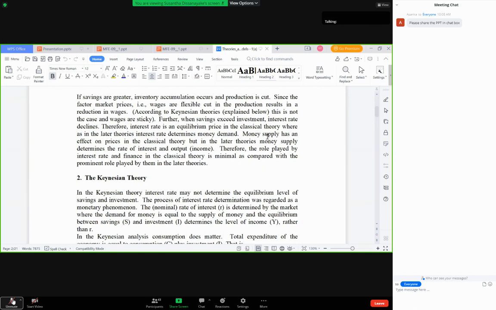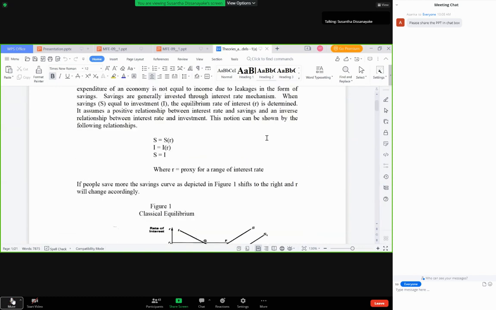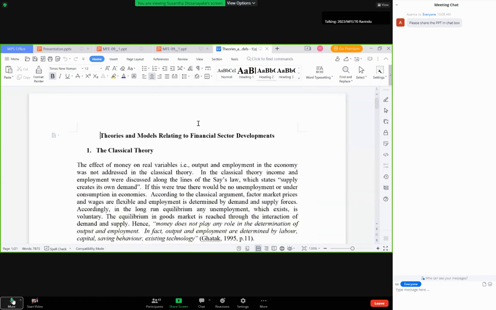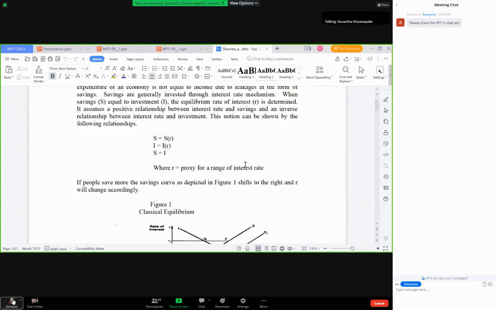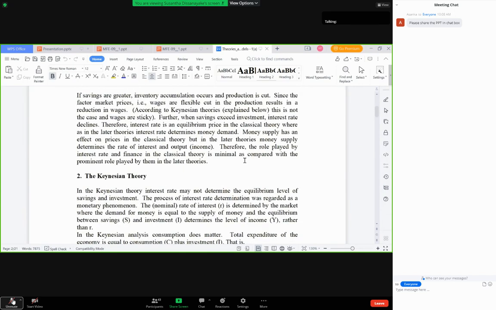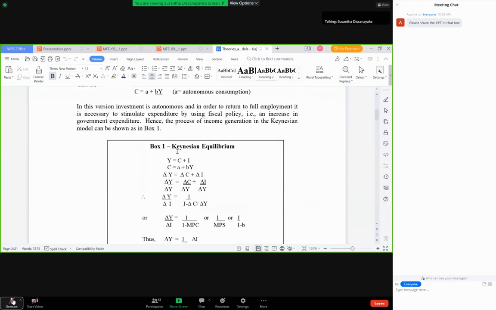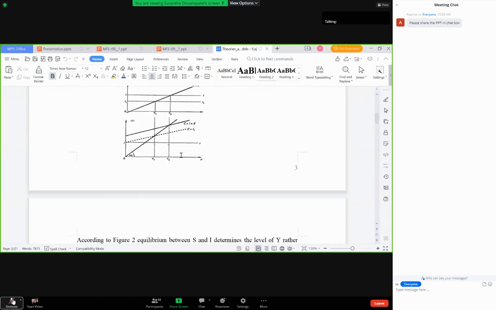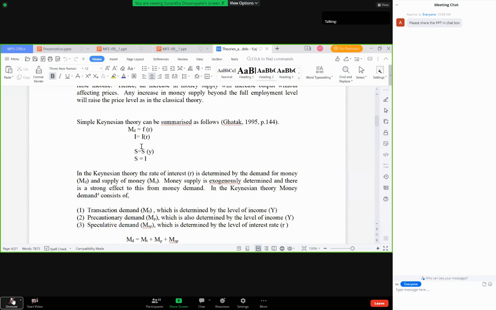Is it shared with you, the document, the Word one? Yes, we can see. Once you see this one, it has explained a little bit of how they constructed it and the way the multiplier works.